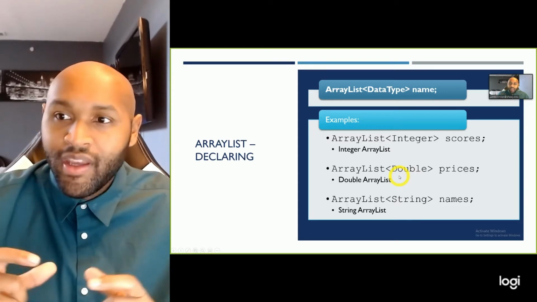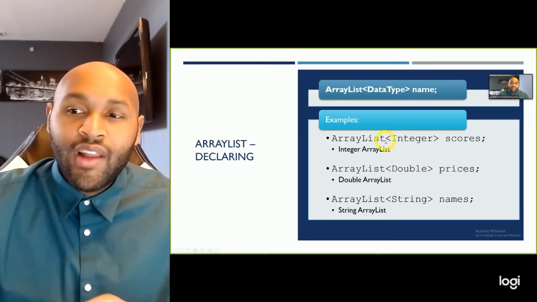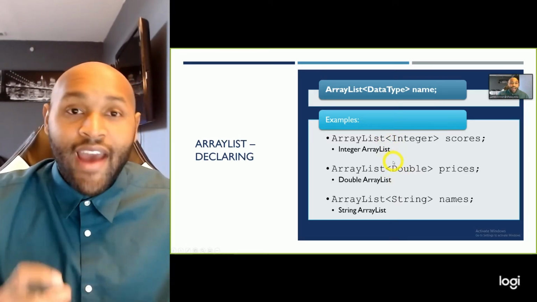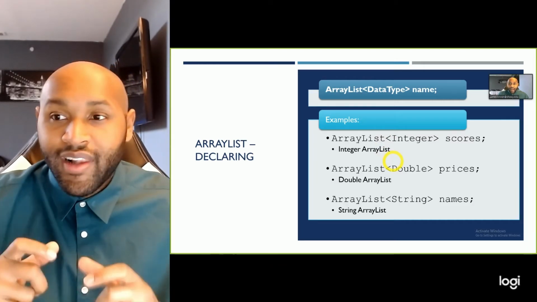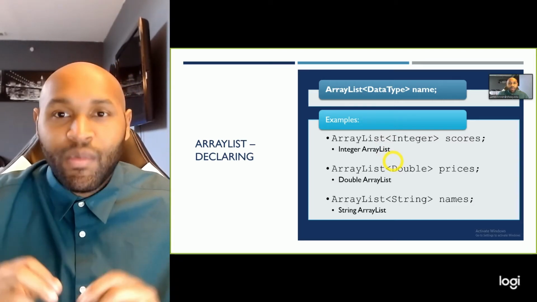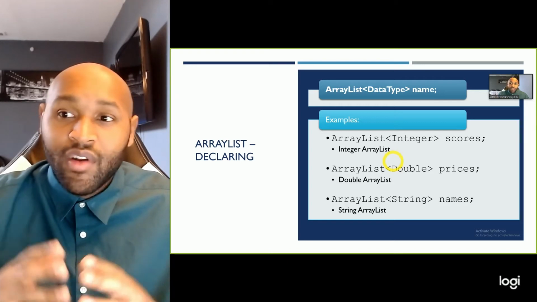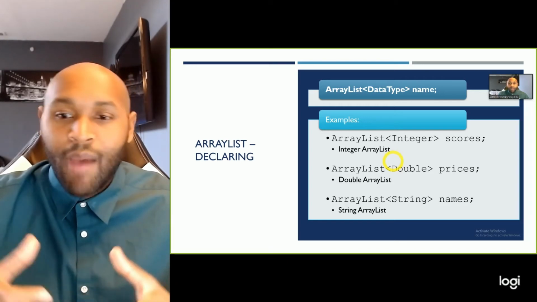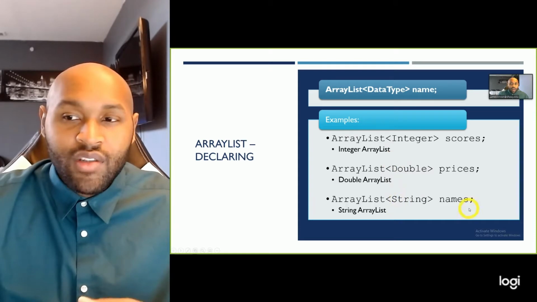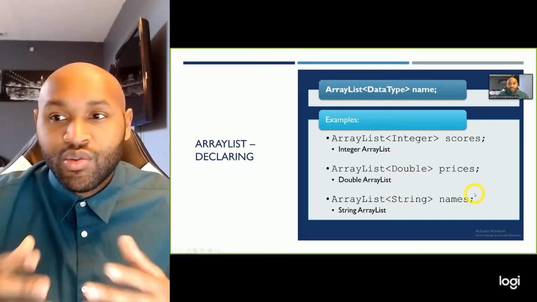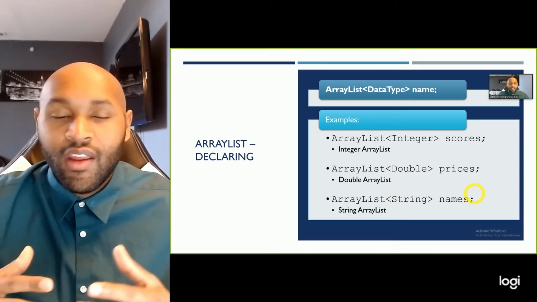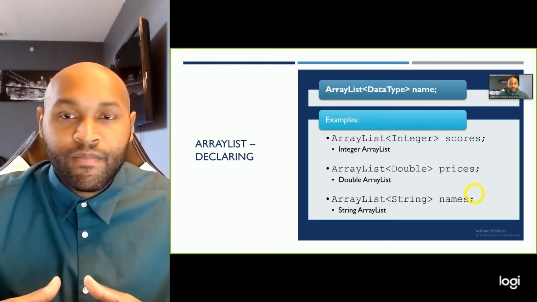The reason is array lists only take in the class type, right? So the class type of an int is actually capital Integer. The class type of a double is actually capital Double. Strings are already capitalized, so they're already the class type, okay?